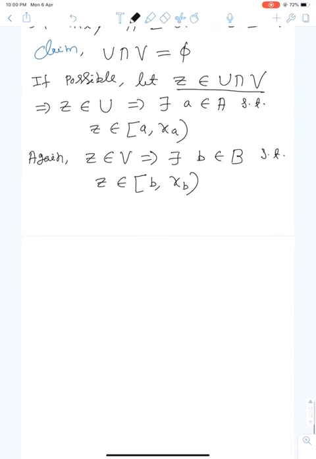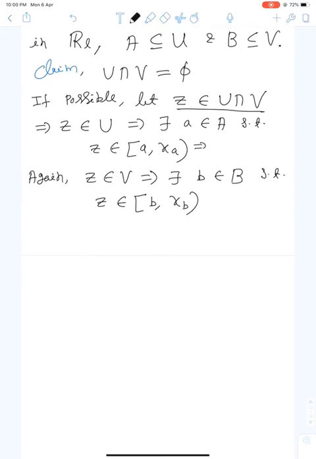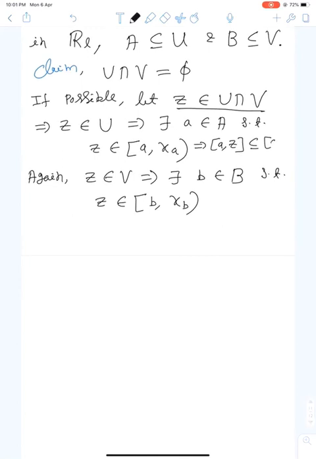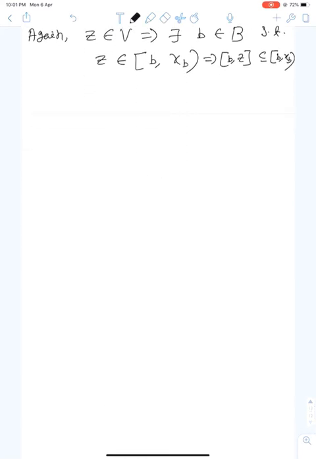And this will imply [a, z] is a subset of [a, x_a), and this will imply [b, z] is a subset of [b, x_b), right? So I am writing again.